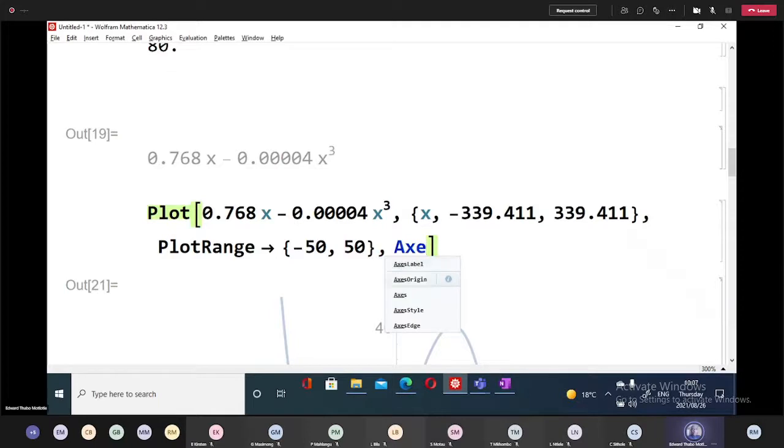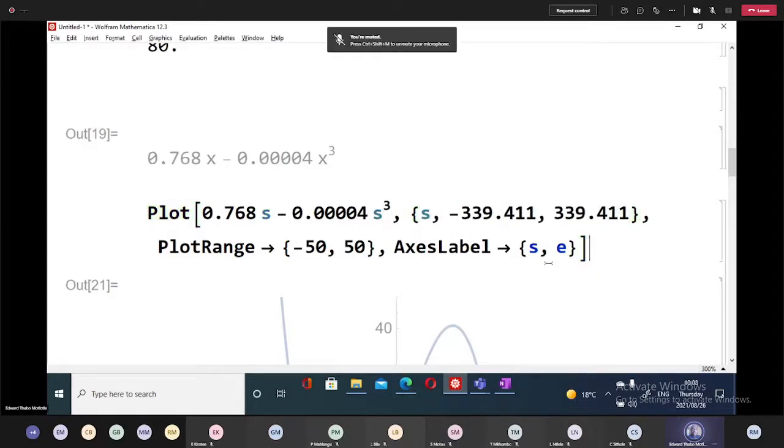The x label, so it's E, is a function of s.